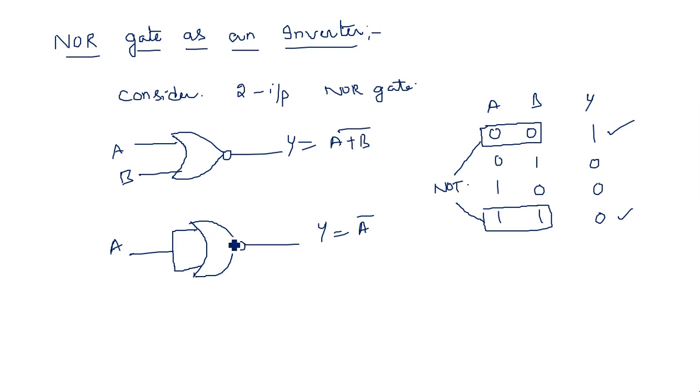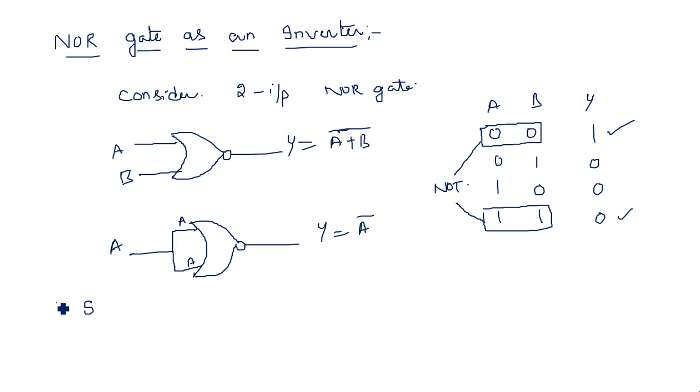Simply, here we have A as input, and here also we have A as input. That means for this first circuit, both A and B are A. If you substitute here, it is A plus A whole bar. A plus A is nothing but A, so the output is A bar. That is the inverter. That means by short circuiting the inputs of either a NAND gate or a NOR gate, it will simply be converted into an inverter.